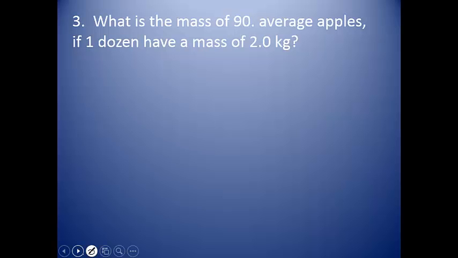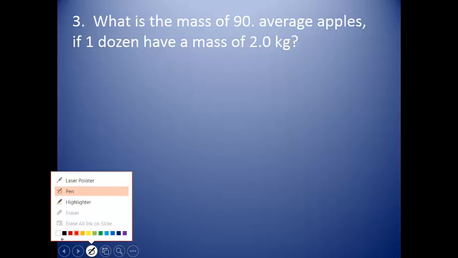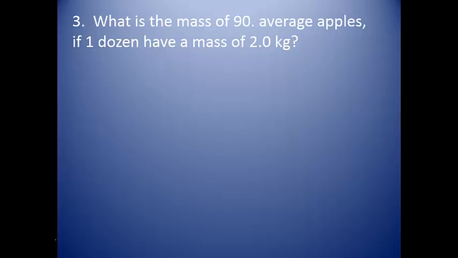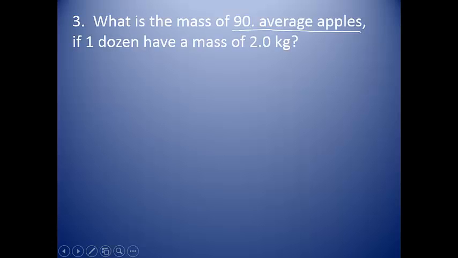Alright, so there's some information that we have in our problem. First of all, we know that we have 90 apples, and we are trying to find the mass of those 90 apples. And so there's some information that we're going to need to be able to convert this. First of all, we need to know that 1 dozen is equal to 12 apples, because we don't know how many dozens of apples we have.